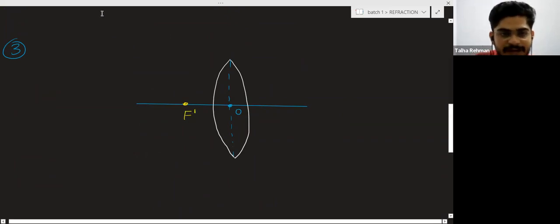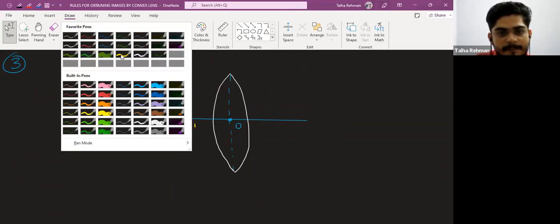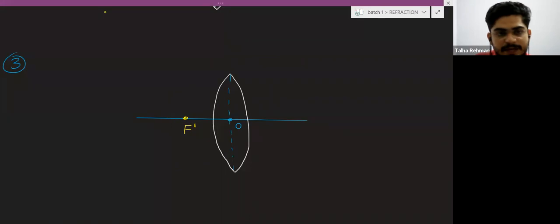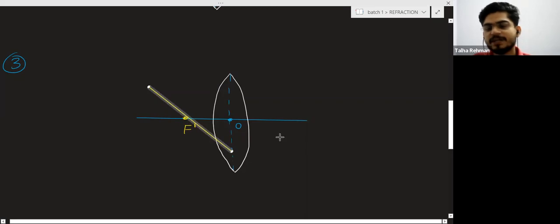So suppose the light ray is passing like this, and after passing through the focus, it is entering into the material of the lens, and it will go like this.